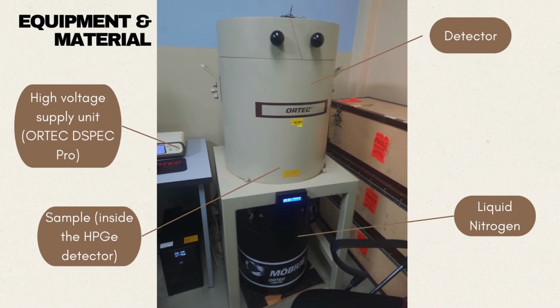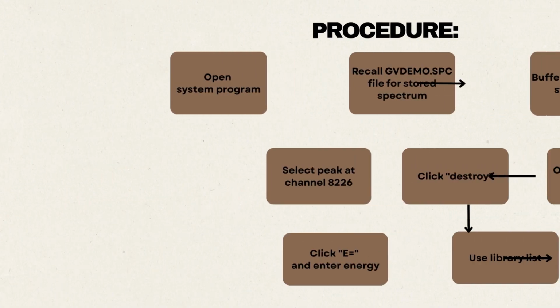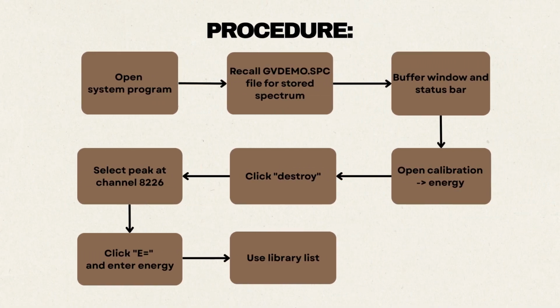The equipment and materials used are a high voltage supply unit, a detector, a sample which is placed inside the HPGe detector, liquid nitrogen, and lastly, computer hardware and software. The experiment is done by opening the system program firstly.